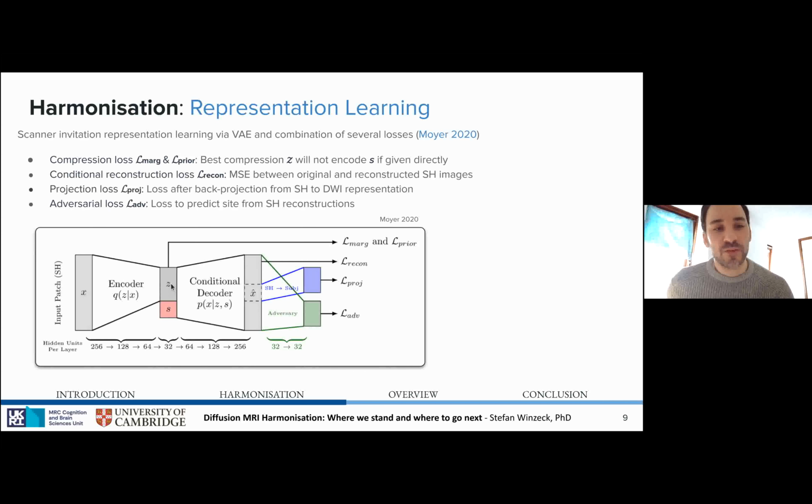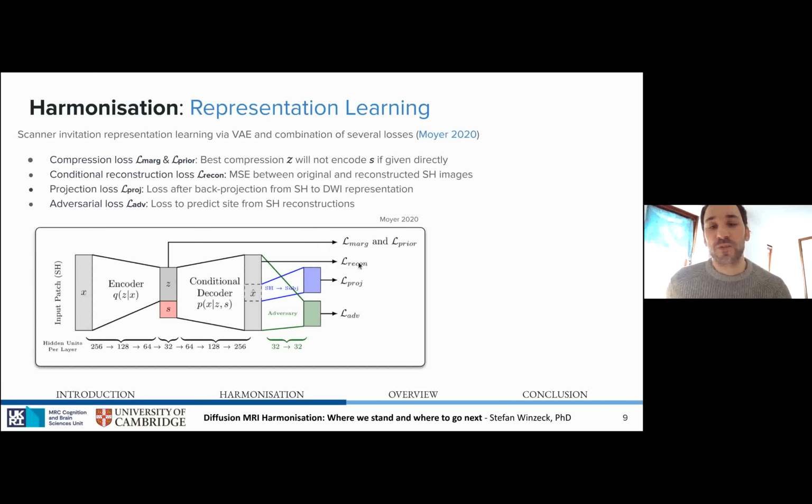So the best compression would be if it completely excluded any site-specific information, because we already explicitly name it here. And to make that work, you need a lot of different losses to train your network.